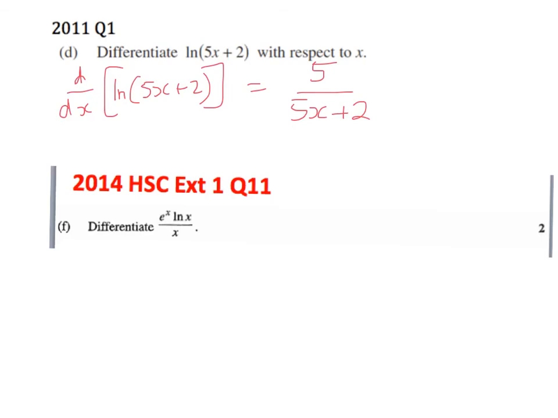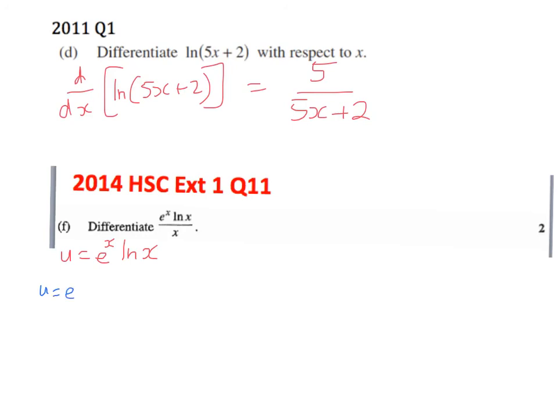So we have a function multiplied by another function, and then divided by another function. So we're going to have to use the quotient rule here, but when differentiating the numerator we have to use the product rule. So let's set it all out properly. Our u is going to be the numerator, e to the x log x. Our u dash is going to be the derivative of that, but we're going to have another set of u dash, etc. So let's set the new ones up in blue.